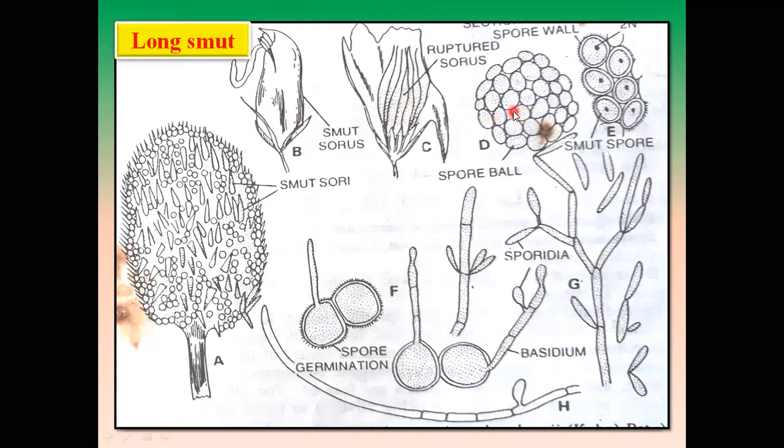Means actually the sporidia is produced after the germination of the teliospores. Okay, so the actual spore germination takes place in the same way in long smut.